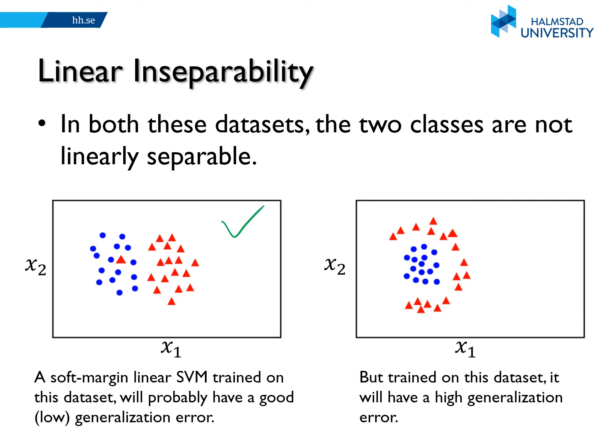This is probably fine for the first data set because we can train a soft margin linear SVM and it will probably have a good generalization error, a low error. But it's not fine for the second data set because the linear SVM, even if it's a soft margin linear SVM, will most likely have a high generalization error. So how can we do in this case if we still want to use support vector machines?